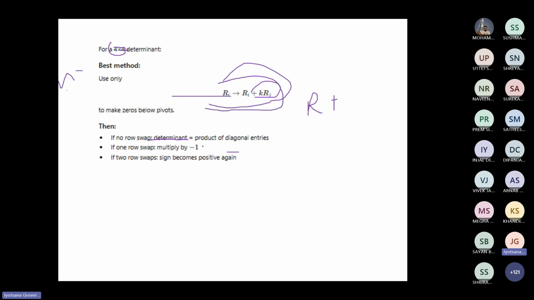After getting the REF form, just find the product of the diagonal entries. That will be your determinant. If you do one row swap, multiply the determinant by -1. If you do two row swaps, the sign becomes positive again.